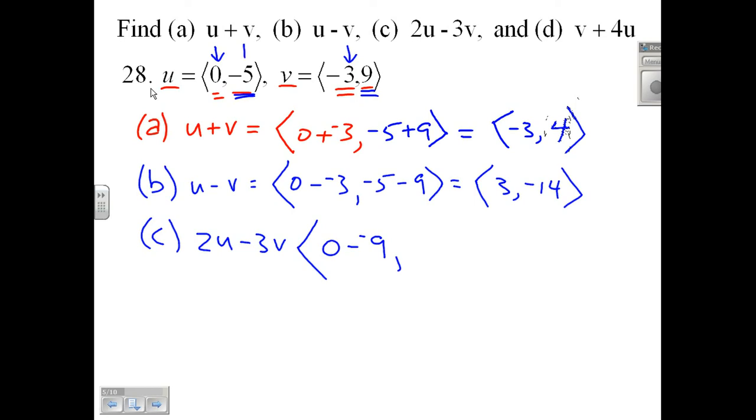For my y component, I'm going to double negative 5 and subtract from that 3 times 9. And we end with positive 9, negative 37.